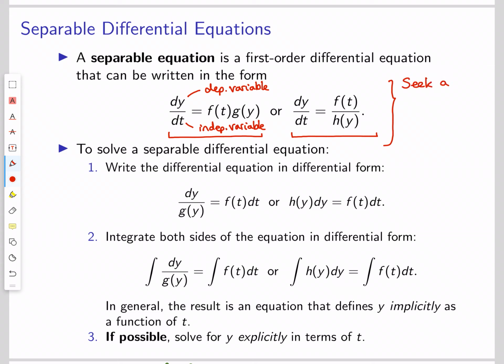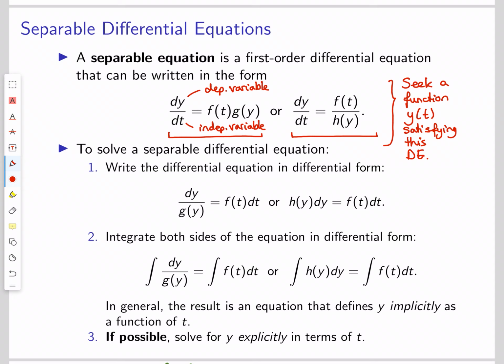So we seek a function. In this particular case, we're looking for y as a function of t that satisfies this differential equation, DE, which stands for differential equation. You'll see that the solution method is, first of all, to separate those variables.